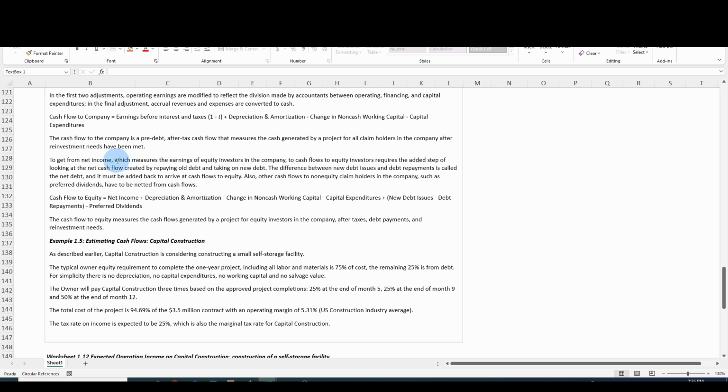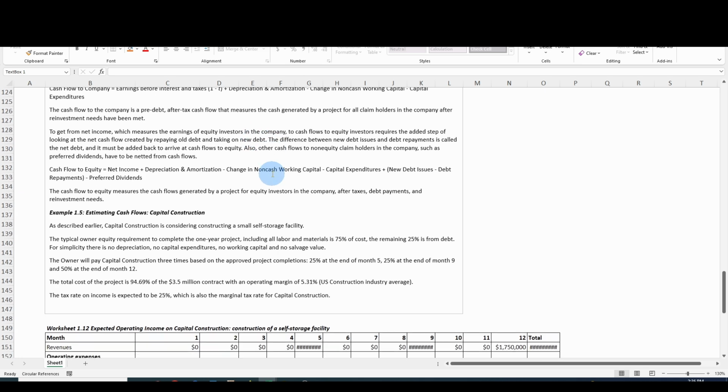To get from net income, which measures the earnings of equity investors in the company, to cash flow to equity investors requires the added step of looking at the net cash flow created by repaying old debt and taking on new debt. The difference between new debt issues and debt repayment is called the net debt, and it must be added back to arrive at cash flows to equity.